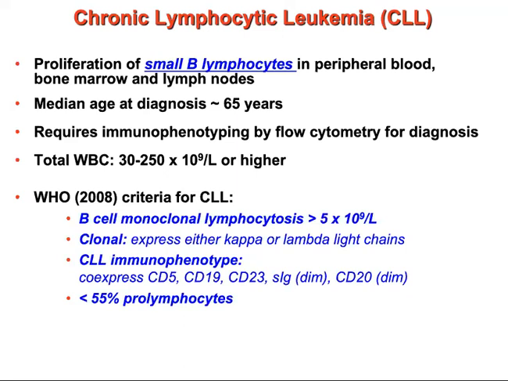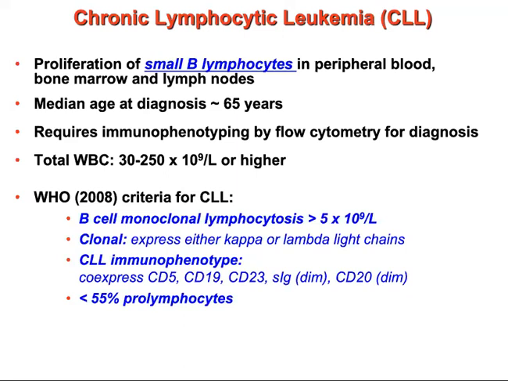Pro-lymphocytes are the stage right before the lymphocyte. Remember how lymphocytes go from blast to pro to mature, so there are three main stages. You must see less than 55%, because when it goes over that, you could categorize it as a pro-lymphocytic leukemia, which is fine, but we just need to make sure we have the numbers correct.